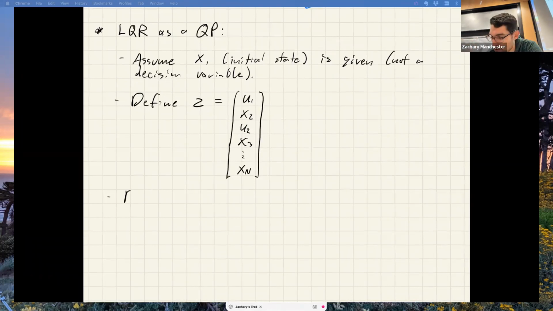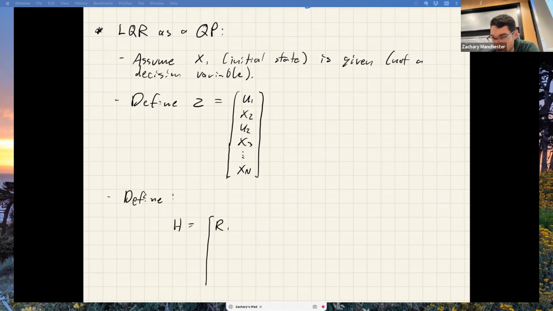And then I'm also going to define a big cost Hessian matrix to go along with this z vector. We'll call this H, and it's what you would expect. It's basically just me massaging. I'm going to stack all the x's and u's into one big vector, and then I'm going to stack all of the Q's and R's into one big block diagonal matrix that corresponds to that z vector.